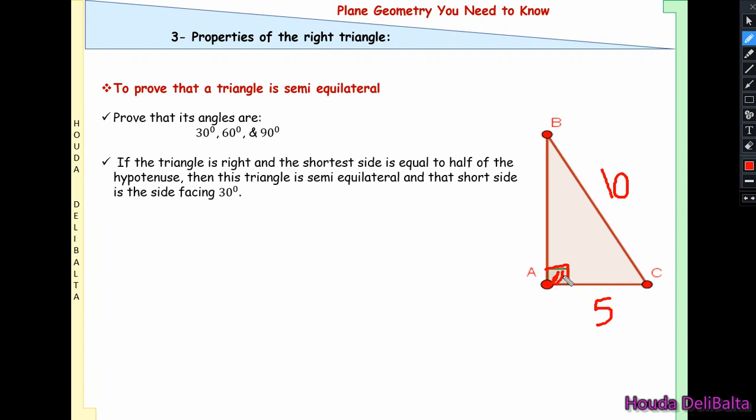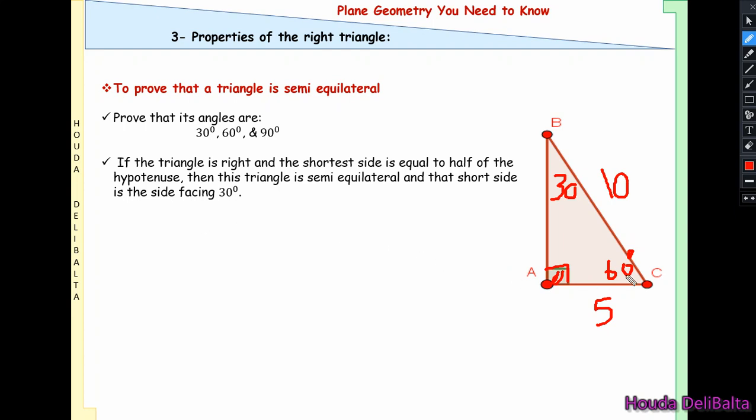It is a right triangle. The shortest side in this right triangle is AC. Suppose that AC equals 5 and BC is given 10. We notice that 5 is half of 10. Then that's the converse of the property of the side facing 30 being equal to half of the hypotenuse, and thus this triangle is a semi-equilateral triangle, and the angle facing the short side is 30 degrees, and the angle facing the other side is going to be the 60 degrees angle.